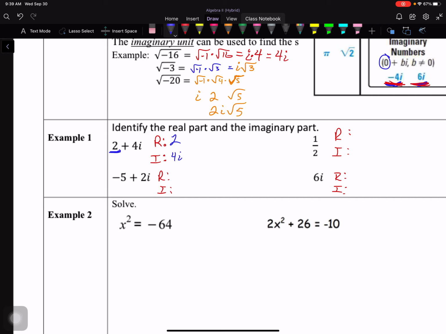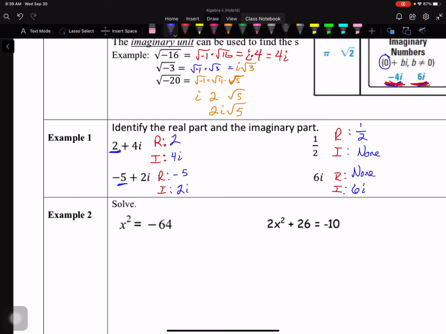Anything with an i is imaginary. Jumping over to the right, 1/2 is the real part, and there is no imaginary part. Jumping down to the bottom left here, -5 is the real part, and 2i is the imaginary. And then the last one, there is no real part, and the imaginary would be 6i.